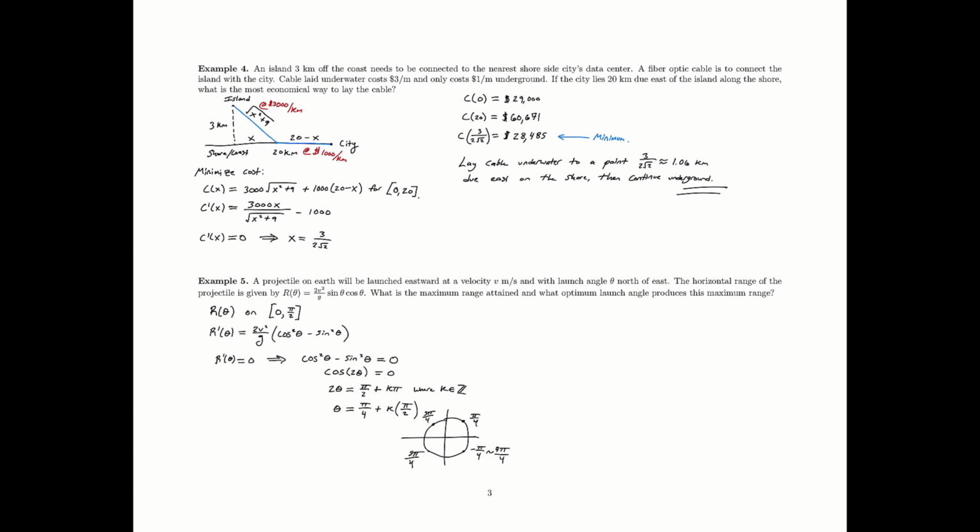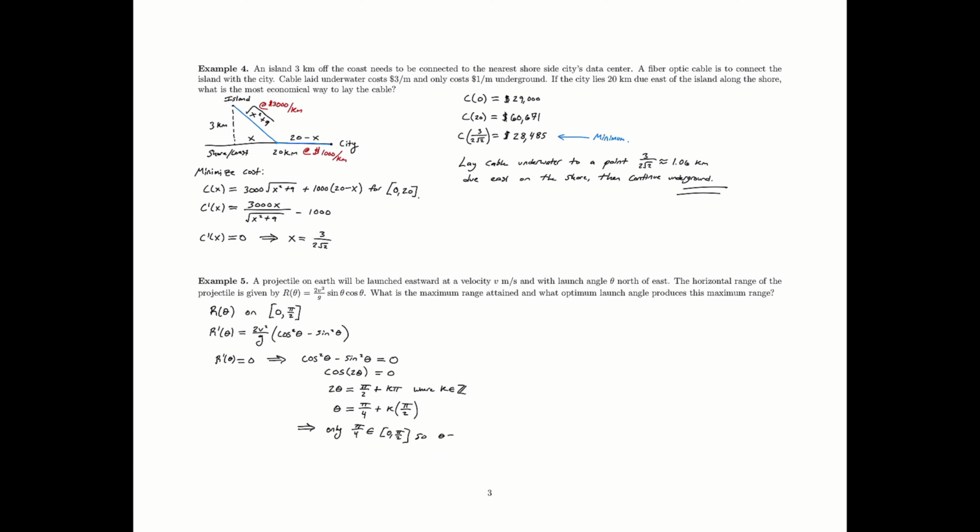So notice here that none of these live in our domain of the first quadrant. So this means pi over 4 has to be our answer. I'll say only pi over 4 is in our interval from 0 to pi over 2.